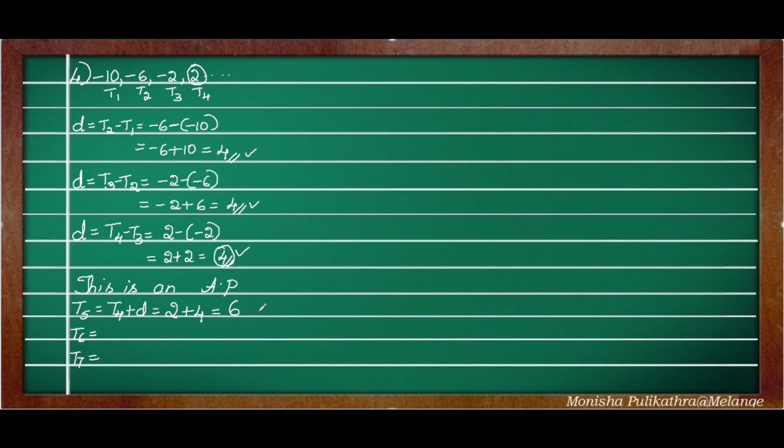So this is the next term, the fifth term. Next T6. T6 is equal to previous term T5 plus D. The fifth term is 6 plus common difference 4, so 6 plus 4 is 10. Next T7. T7 means previous term T6 plus D. The T6 is 10, so 10 plus 4 is 14.